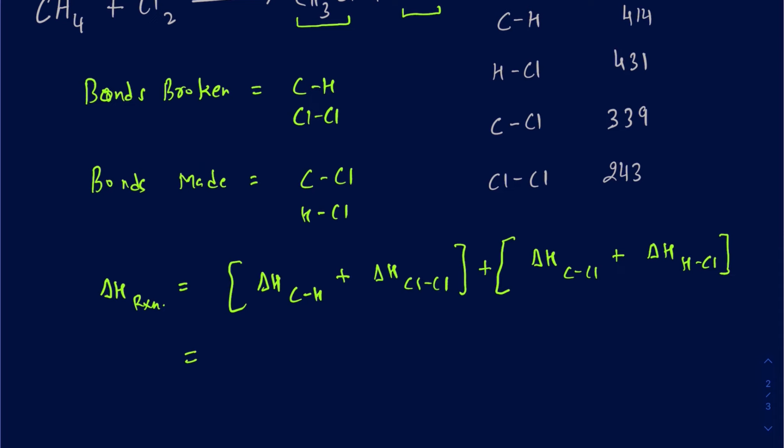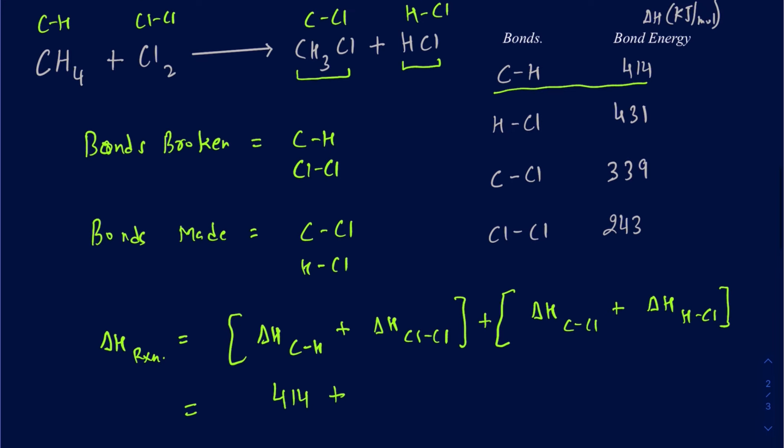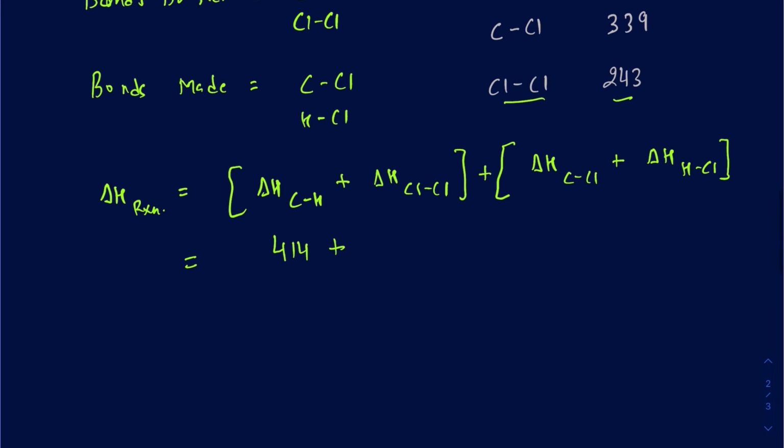So now it's all about plugging in numbers. So delta H of carbon hydrogen. Remember, when you're breaking the bonds, you take those as positive. So the bond energy for CH is 414. So I'll write down 414 here, plus the Cl-Cl is going to be 243. So those are your reactants, and then plus.